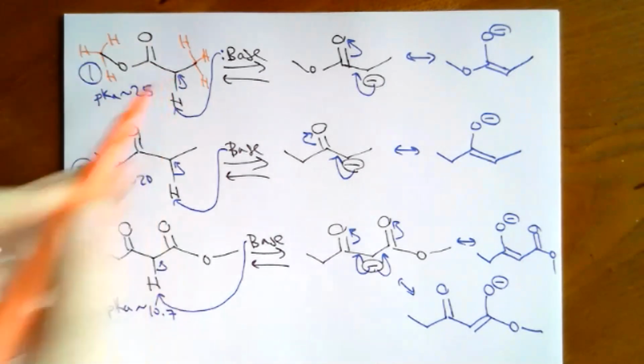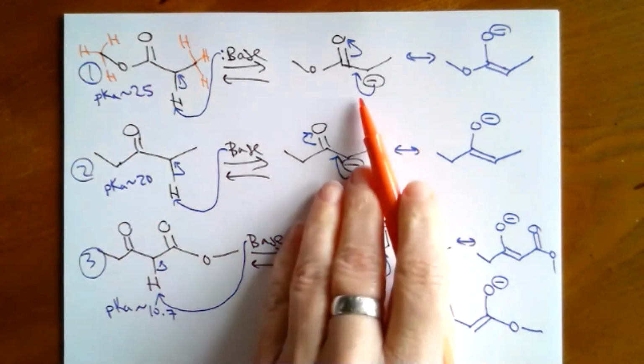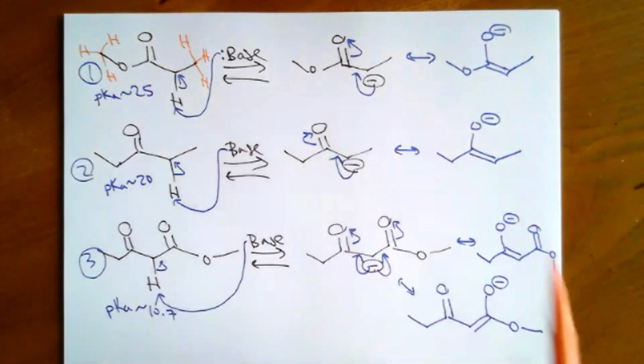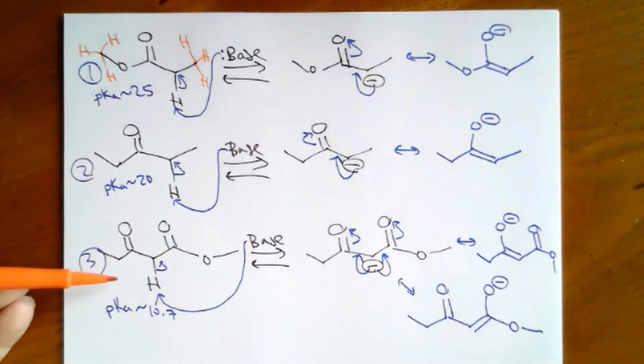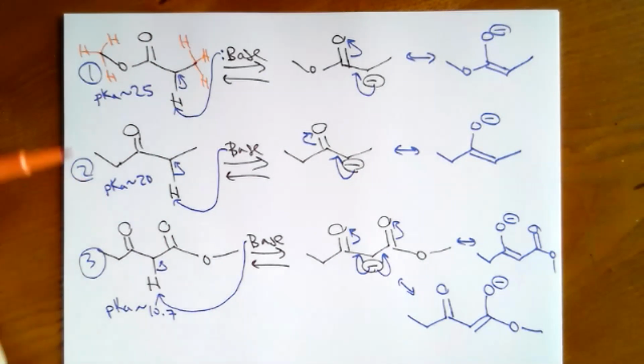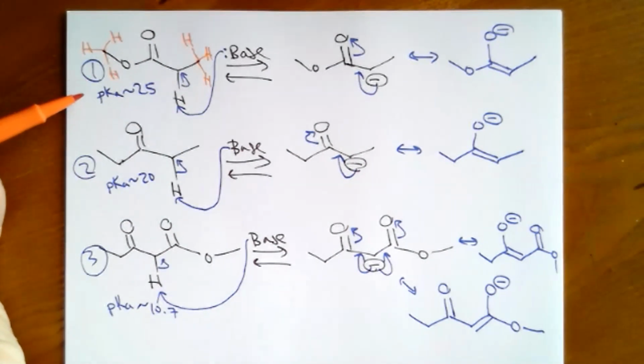The alpha hydrogen is much more acidic because of resonance of the conjugate base. But these alpha hydrogens of these three acids all have different pKa's, different acidity, based on the stability of the conjugate base. Apparently, this conjugate base is most stable, this is next, and that's last.